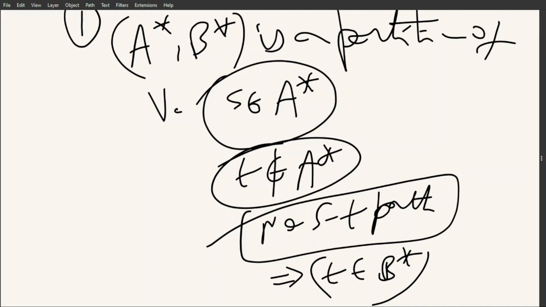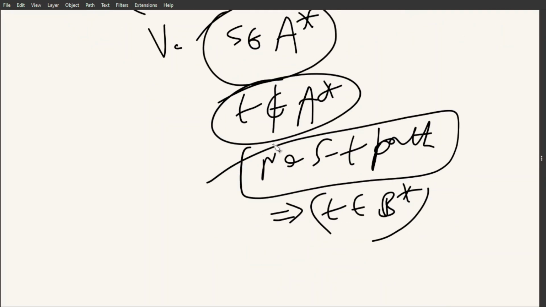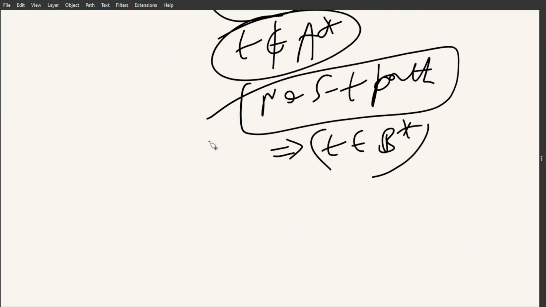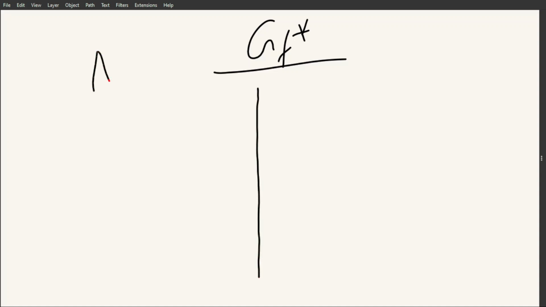Now we'll prove that the value of the flow is the same as the capacity of the cut. So here once again just consider the same case. In G_F, what is happening? Consider the partition of A star and B star in G_F star. Just consider this graph. Here we have the partition: on the left we have A star, on the right we have B star.